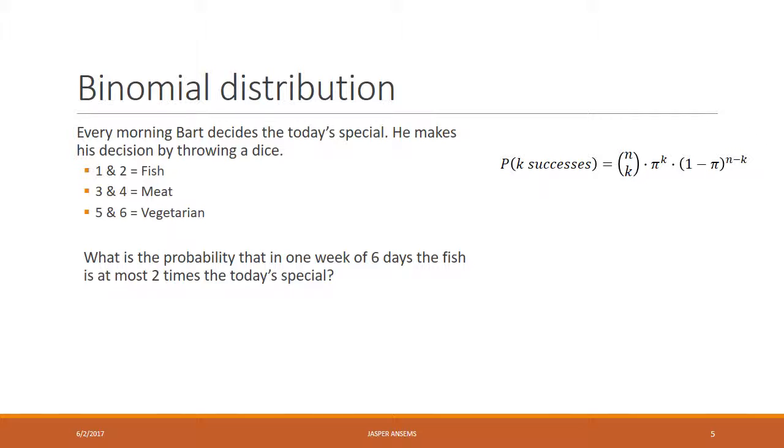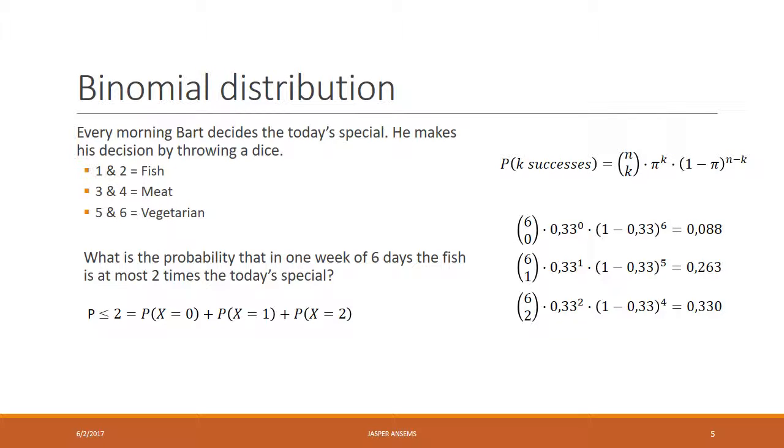special? So on the right is shown the formula and we need to fill in those numbers, but first we need to decide how we are going to calculate this. So at most 2 times means 2 or less. By adding the chance of 0 times fish plus 1 time fish plus 2 times fish, we get 2 or less. So we need to fill in the formula.